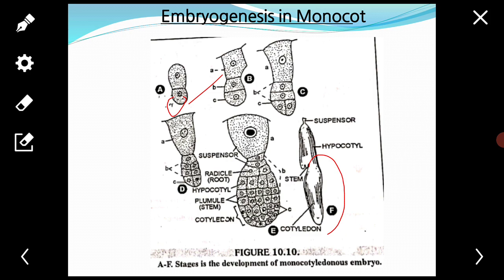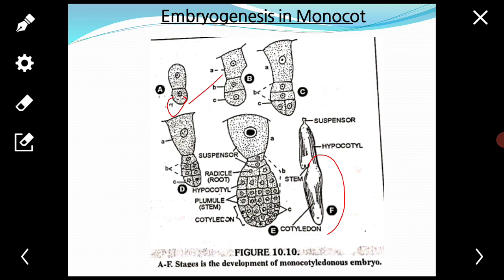Students, in embryogenesis in monocotyledons there is a great variation, so no single typical example can be set, because there is great variation in the development of embryo in monocotyledons. However, the embryo development in Sagittaria sagittifolia, a member of the family Alismataceae, can be regarded as a generalized example.